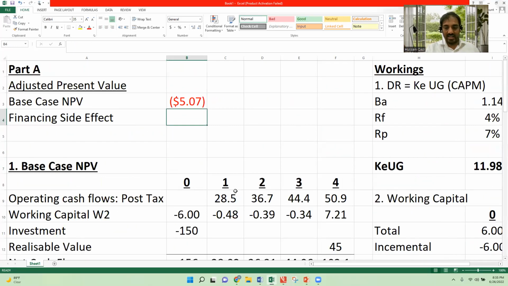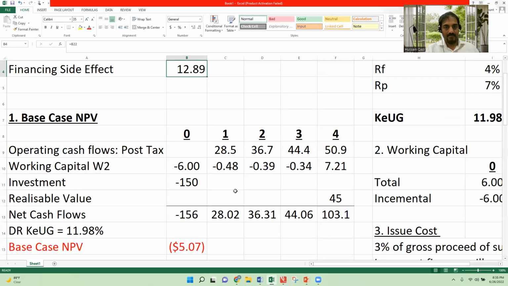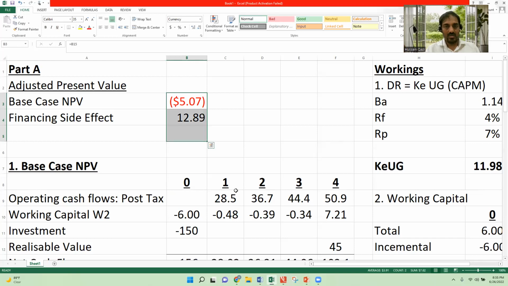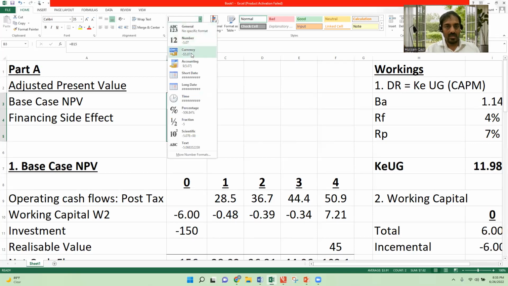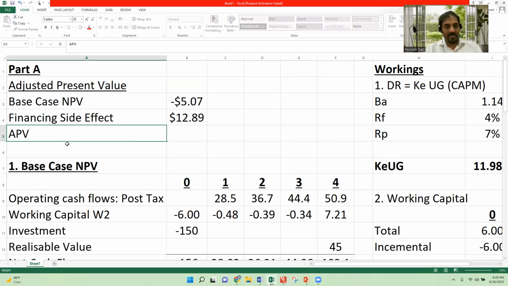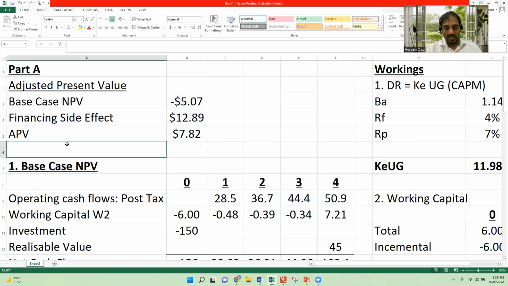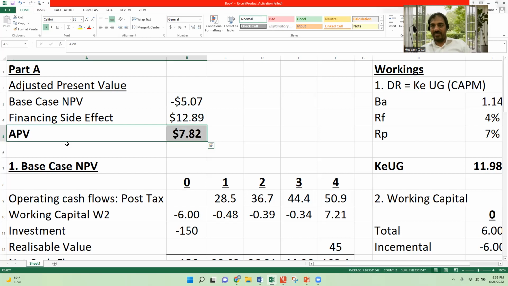So in totality, the value becomes this value. So that is the APV, 7.82. 7.82 is the APV. So that is the point.